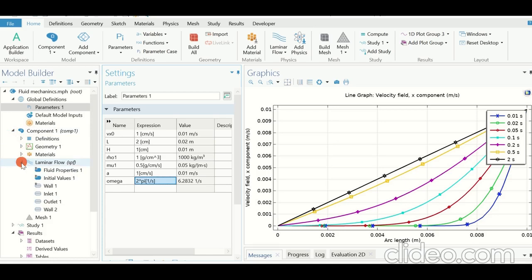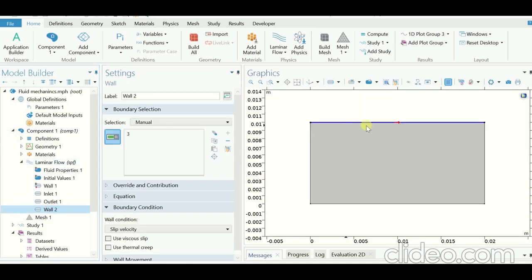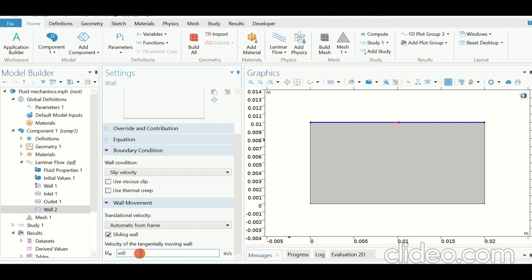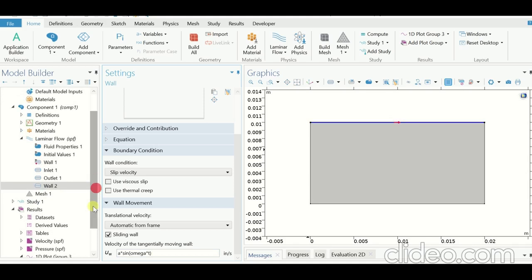Now go to the component, click on laminar flow, and change the condition of wall 2, because now this wall is again a sliding wall, but it is oscillating with a velocity of A sine omega t.